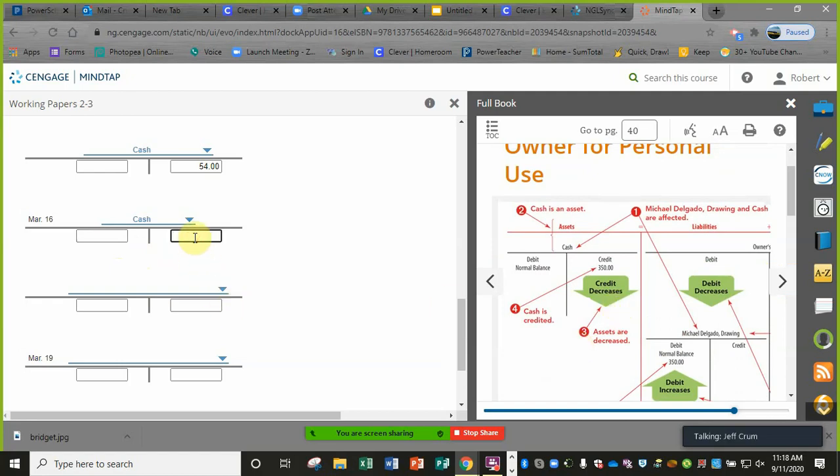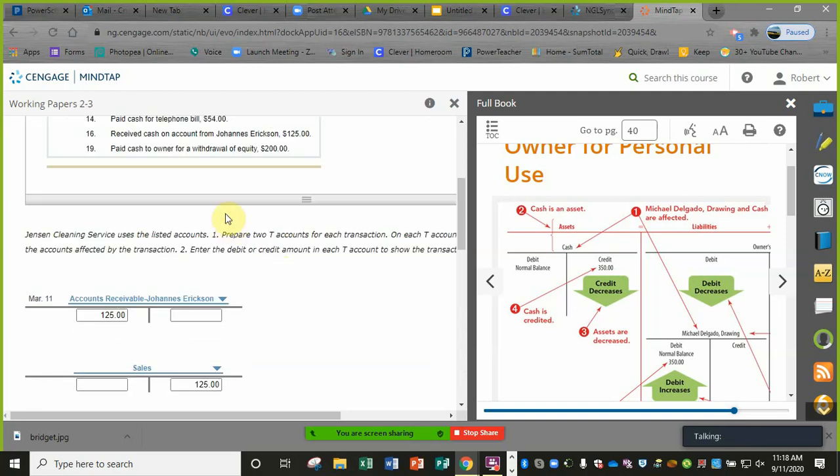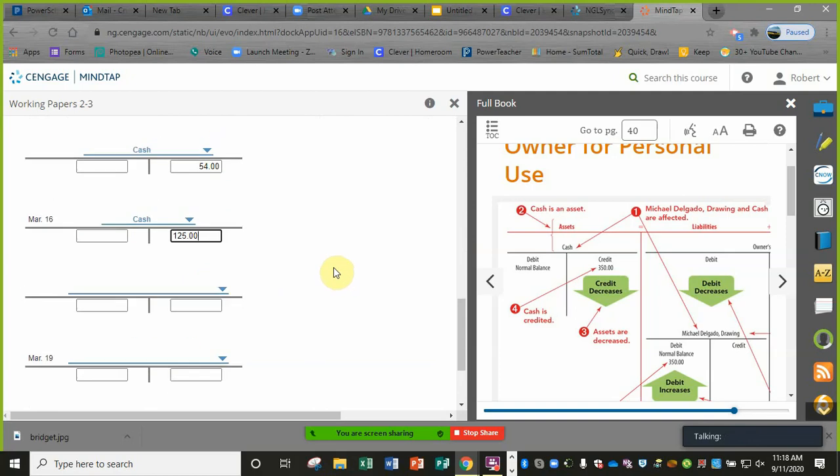Our cash is going to go down, so it's going to be here. And then, let me see. I read the wrong one. That's why I'm off. Received cash from account, $125. We received the cash, so the $125 goes on the left side. I read the one for the 19th.